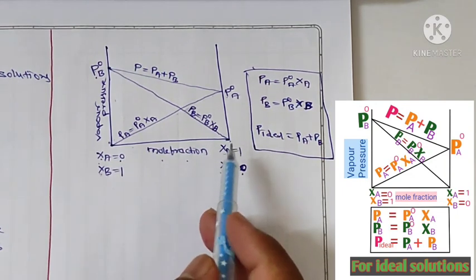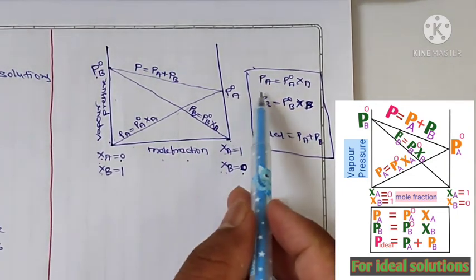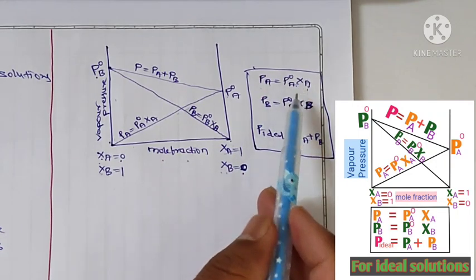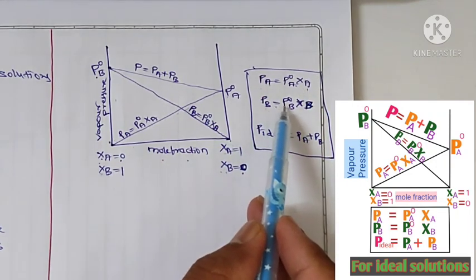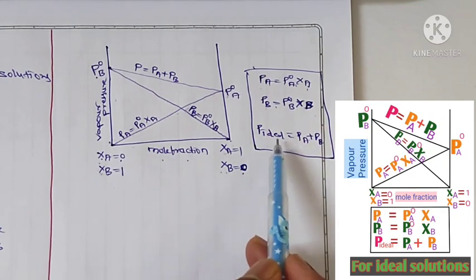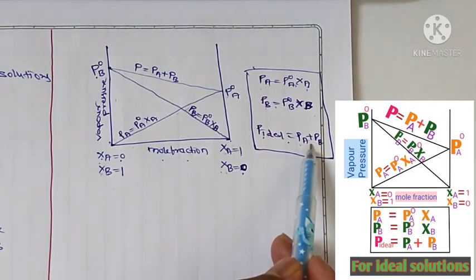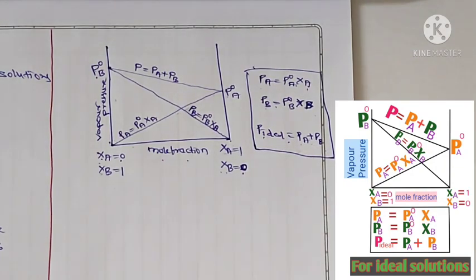So these are for ideal solutions. For ideal solutions, PA is equal to P naught A times XA and PB is equal to P naught B times XB, and P ideal is equal to PA plus PB.